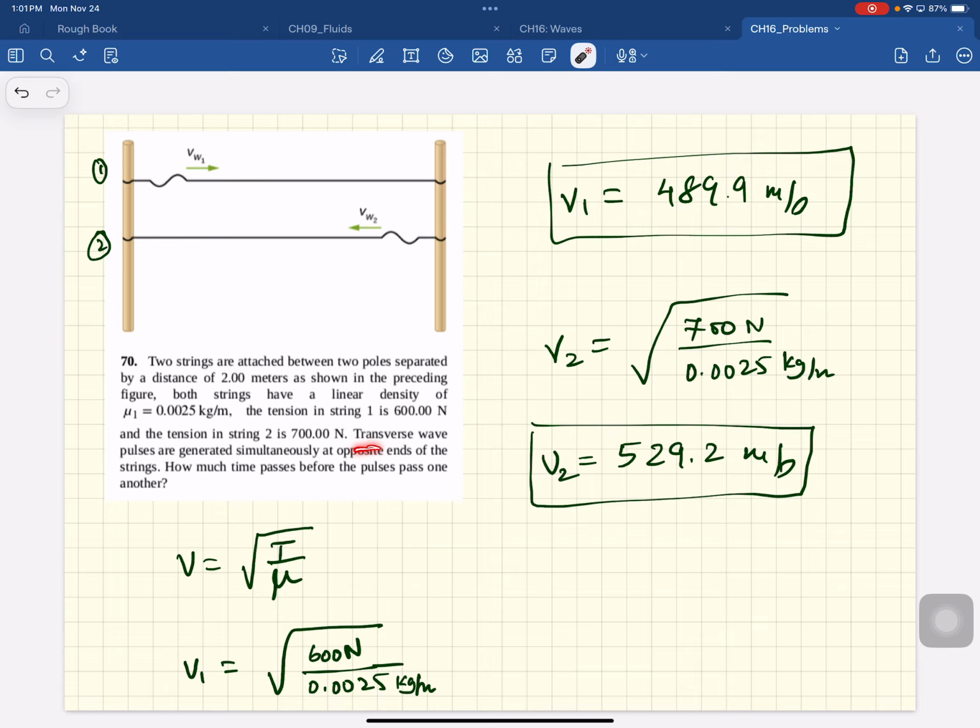So transverse pulses are generated simultaneously on opposite ends. You generate a pulse on this end and this end simultaneously. And the question is, at what time will they meet? Let's say this one travels a distance of x before they meet.